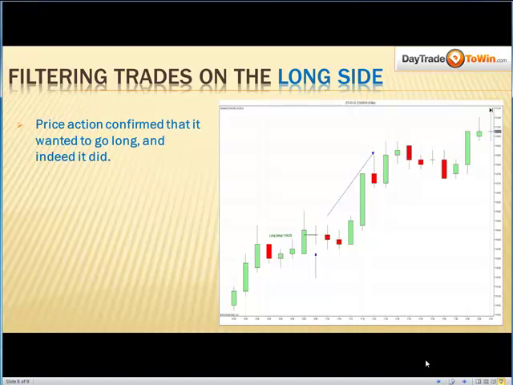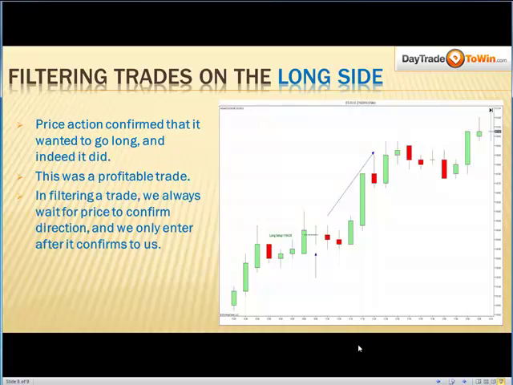Price action confirmed that it wanted to go long, and indeed it did, as you can see right there. This was a profitable trade, no doubt about it. In filtering a trade, we always wait for price to confirm its direction, and we only enter after it does so.